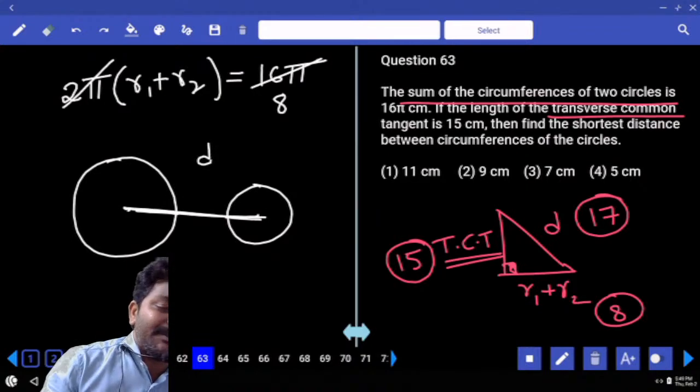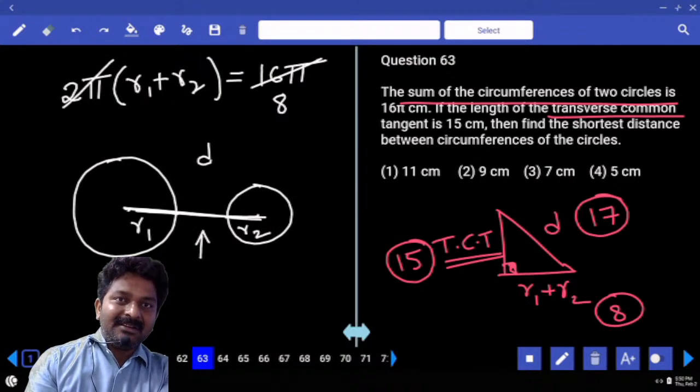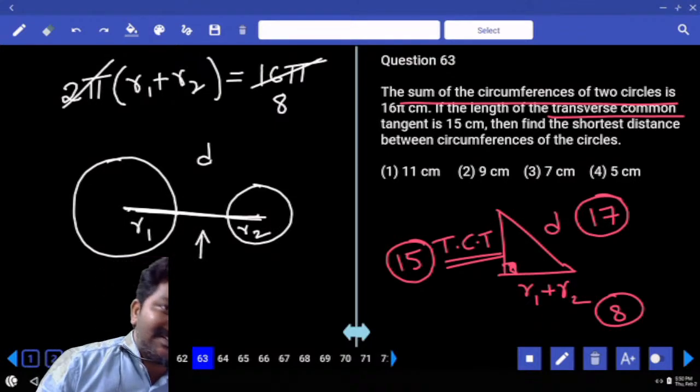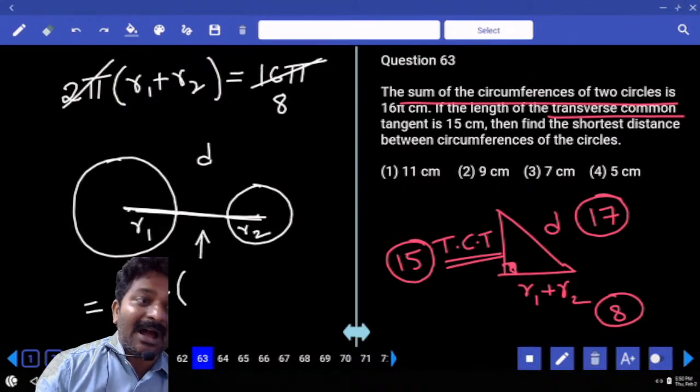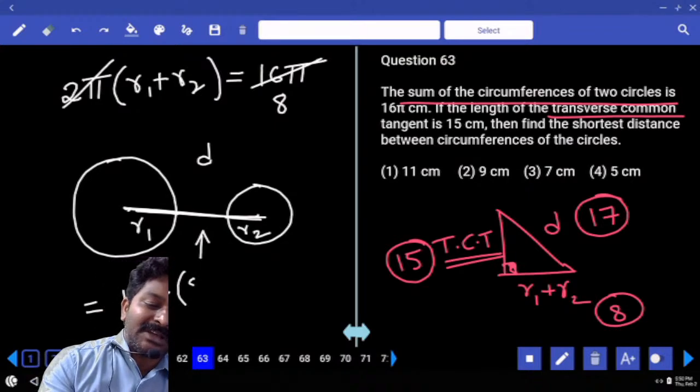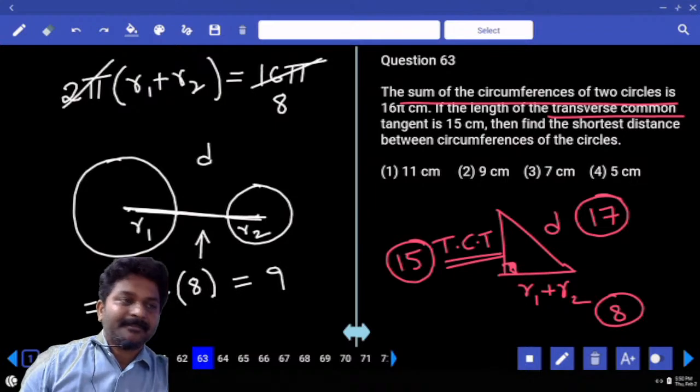So from the distance between two centers, if you subtract R1 and R2, can you get the shortest distance between two circles? Yes. So we already know the d value, which is 17. From that we need to subtract r1 plus r2. r1 plus r2 we already know, that is 8. Then the answer is 9.